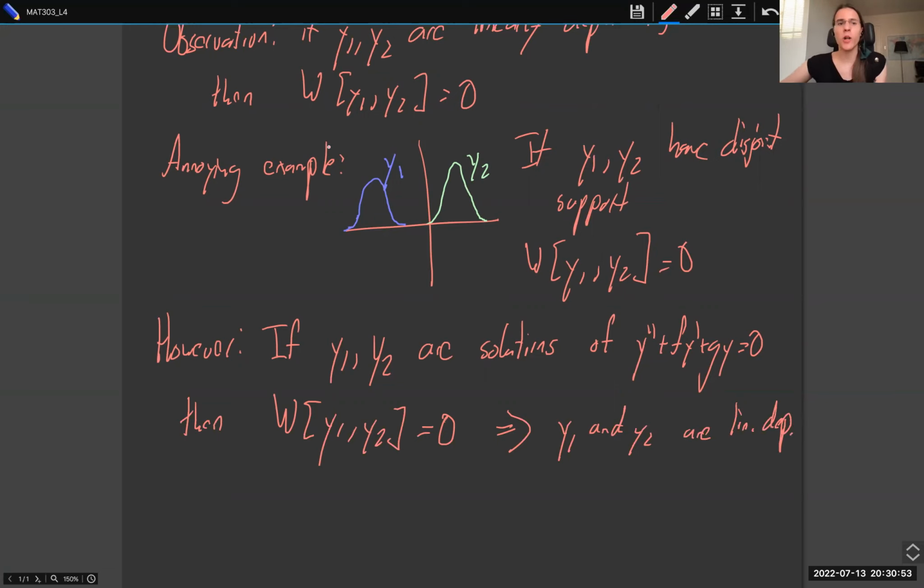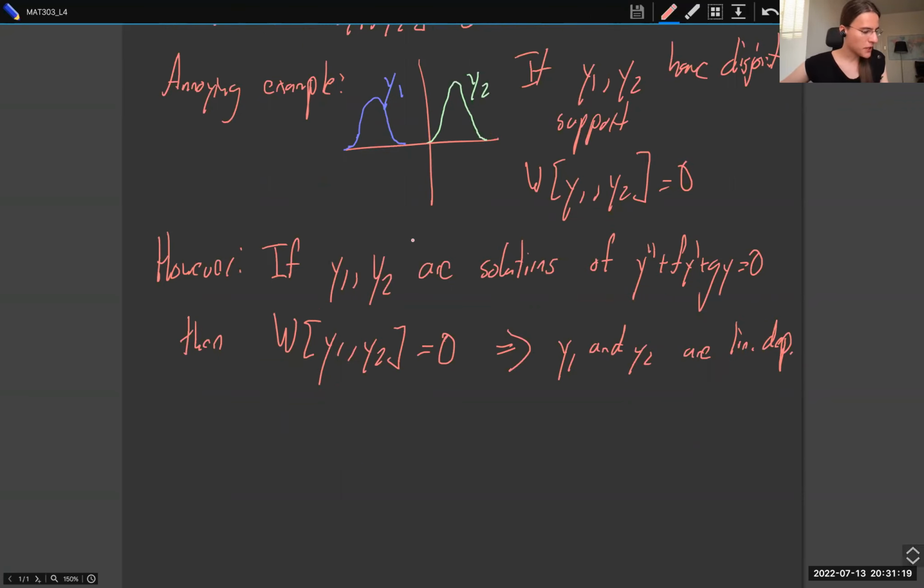So in general, the Wronskian being 0 does not imply that two functions are linearly dependent. For example, this disjoint support example. However, if the functions come from solutions of a differential equation, then in fact, the Wronskian being 0 is exactly a test for whether those solutions are linearly independent or not. So this is going to be a fact. I'm just going to assume this.